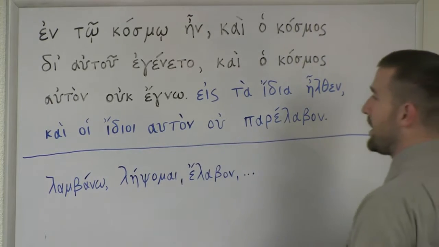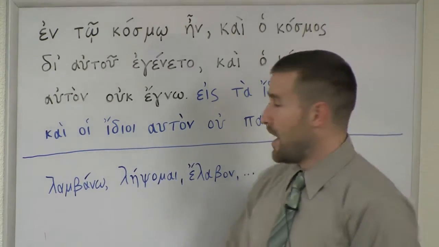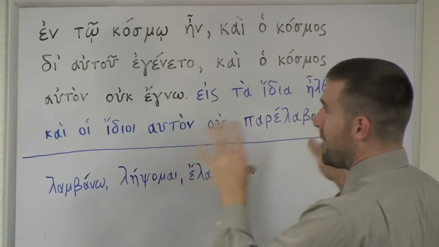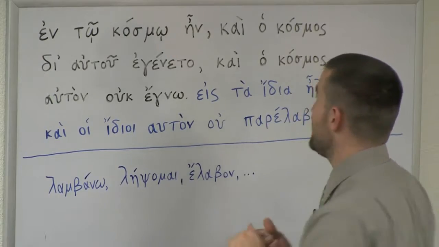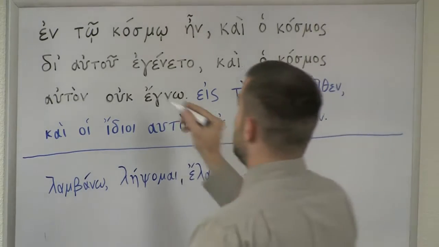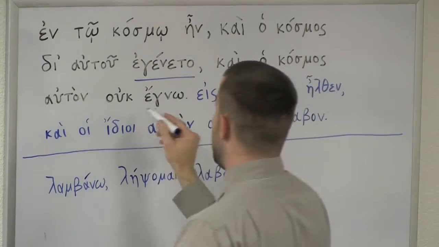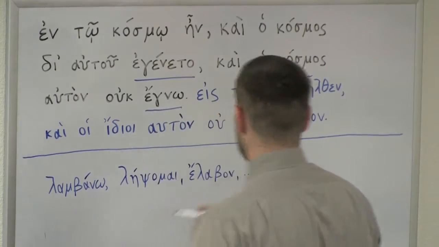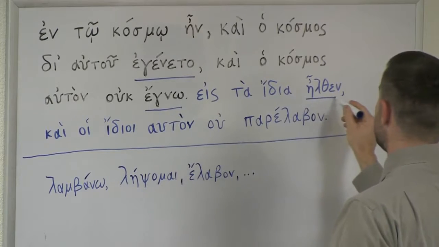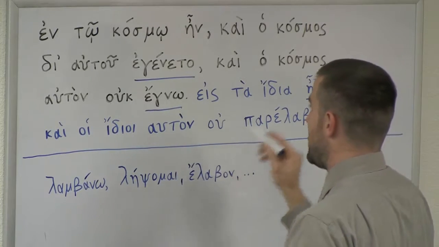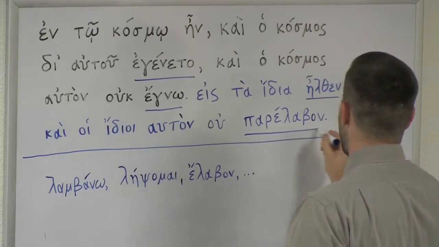Parelabon, which means received. Now, there are a lot of aorist verbs in this passage. Let me just underline them for you quickly. This is an aorist, egeneto, and then this is an aorist, egno. This is aorist, elthen, and this is aorist, parelabon.